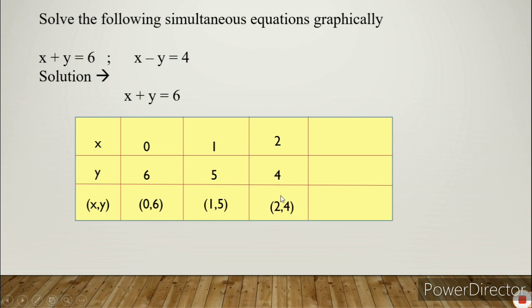So the ordered pair is 2, 4. Again take the fourth value of x, that is x equal to 3. Put here x equal to 3 and we get the value of y as 3. So the ordered pair is 3, 3. This is the table for the equation x plus y equal to 6.